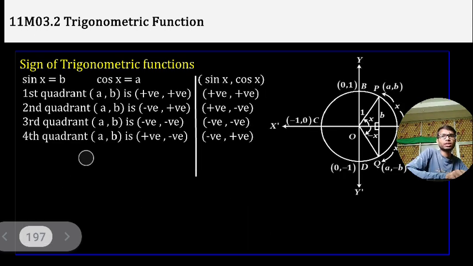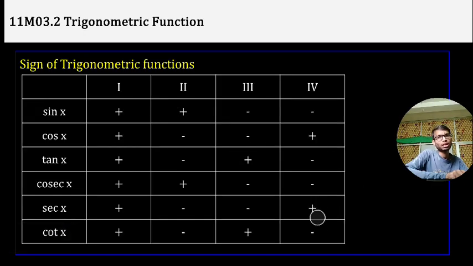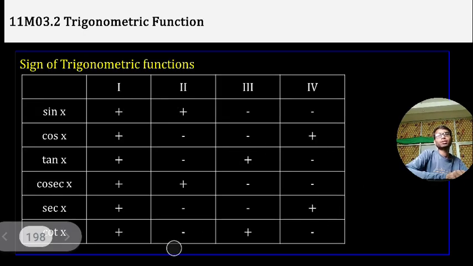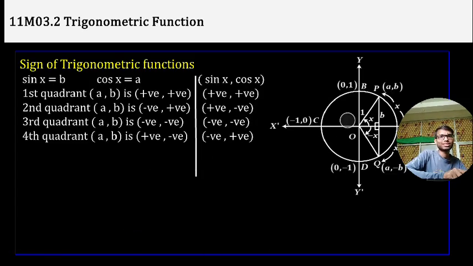Now next, in the fourth quadrant, we have negative and then positive. So sine is negative and cos is positive, so cos and the reciprocal of cos would be positive. So we got all this from this.